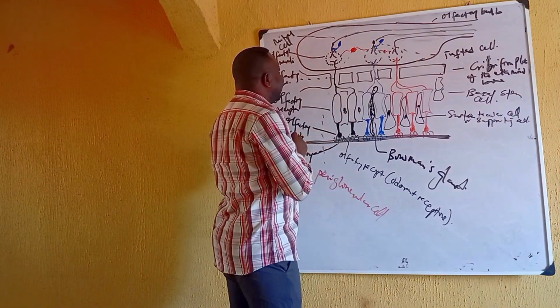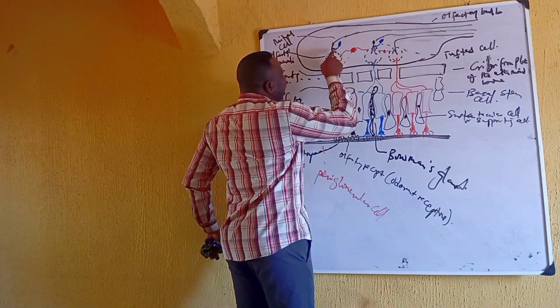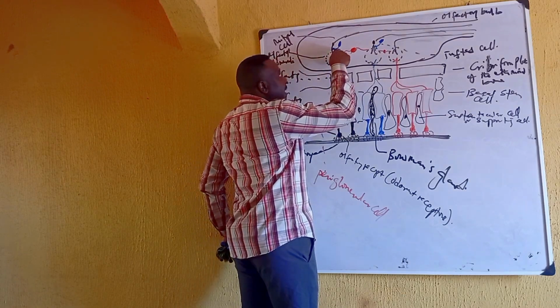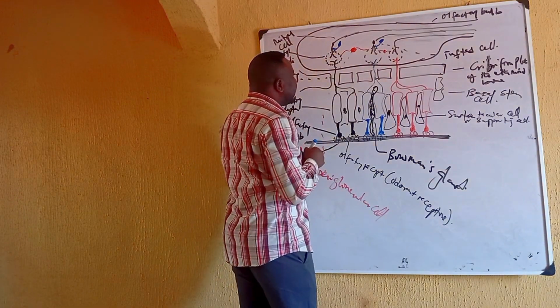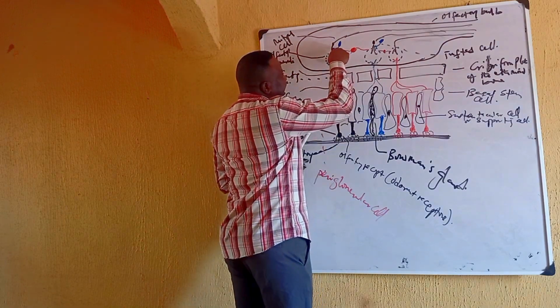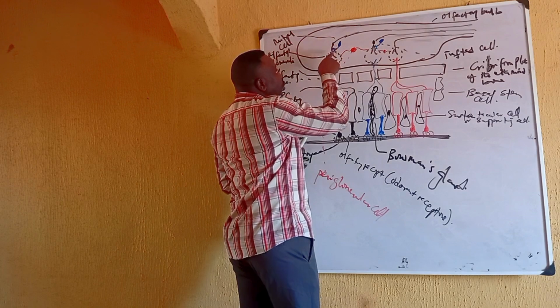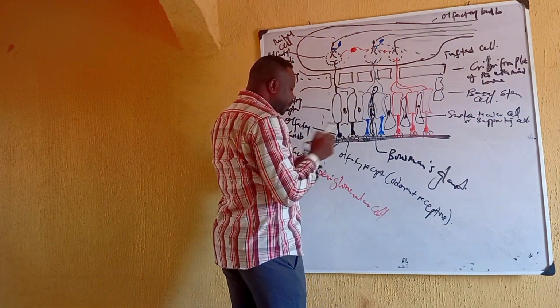Now, what usually happens is that the mitral cells and the tufted cells stimulate the granule cells by secreting what is called glutamate. And then when the granule cells are stimulated, they release GABA to inhibit the mitral cells and the tufted cells.